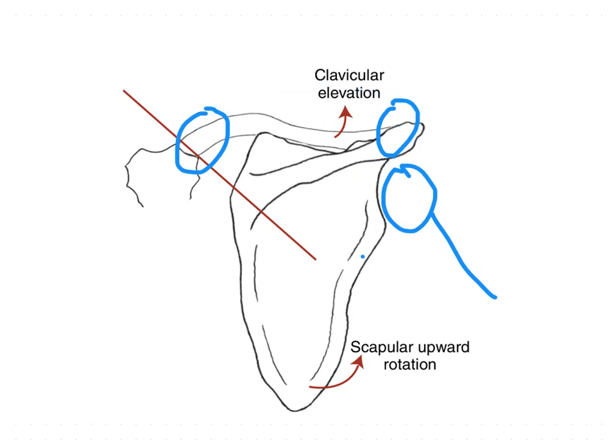For the maximum range of elevation, the scapula is going to rotate through a 60 degree arc. That is called the 60 degree arc of upward rotation taking place by the scapula on the thorax.